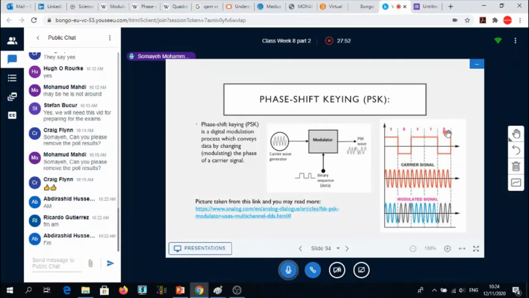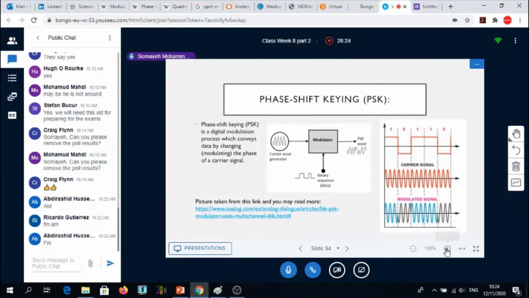Everyone can see this, right? So this data wants to be transmitted. Now the carrier signal is a typical sinusoid wave like this, and as I mentioned, one oscillator is generating it, for example. Now what the PSK modulator is doing is changing this carrier signal according to these binary data.